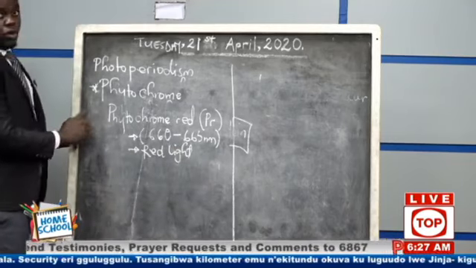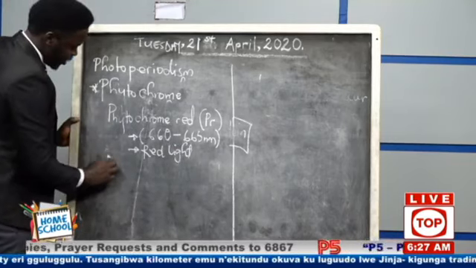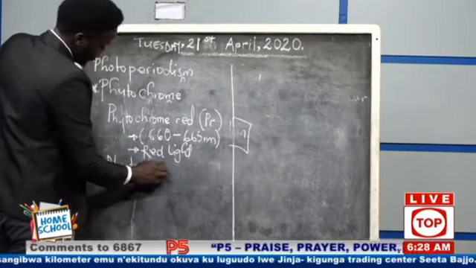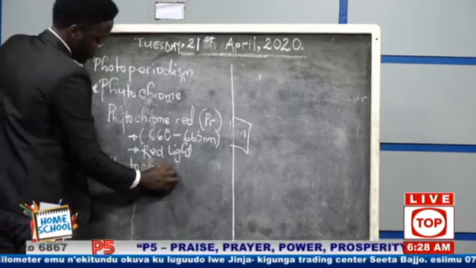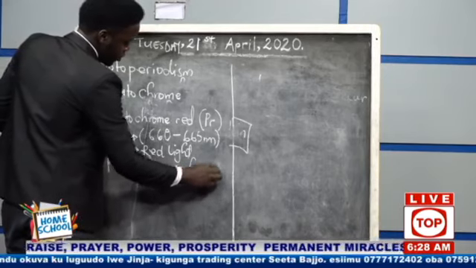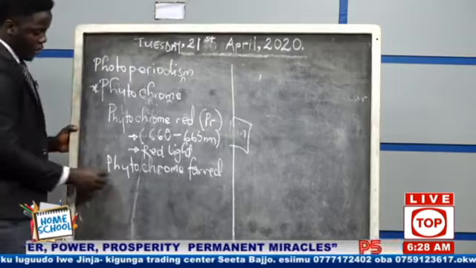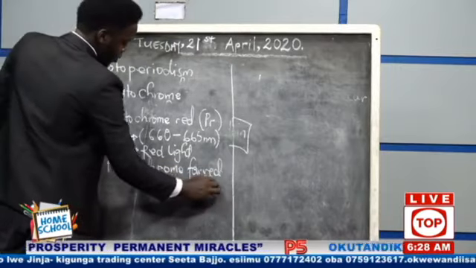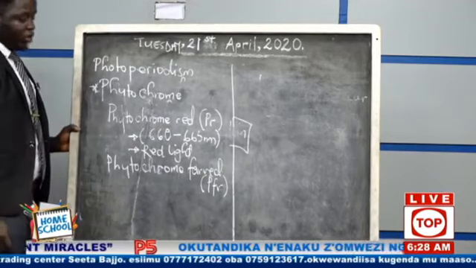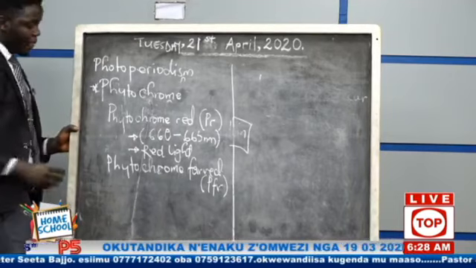This phytochrome also exists as the pigment phytochrome far red. Follow me, phytochrome far red, commonly distinguished as PFR.